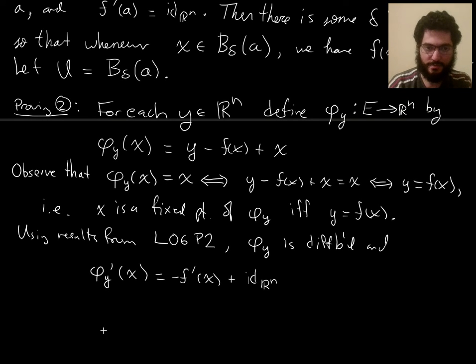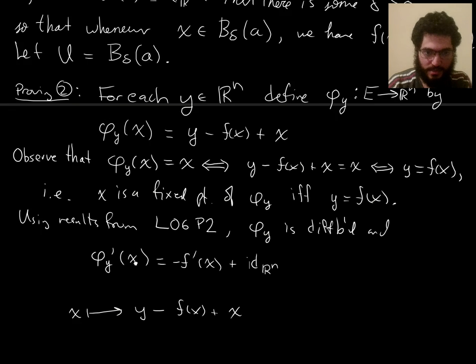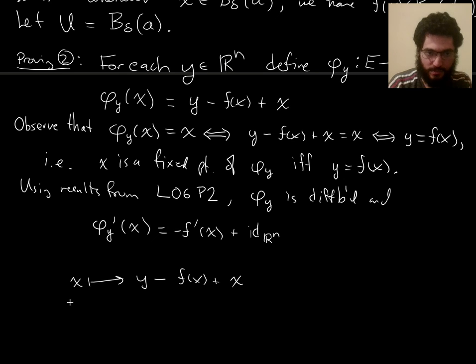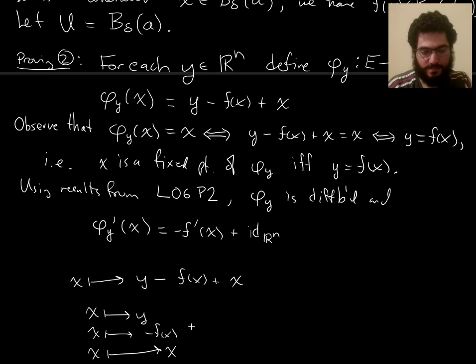So to be a little bit more explicit, this is phi sub y, and I'm viewing it as the pointwise sum of these three mappings. One of them is x goes to y, one is x goes to minus f of x, and one is x goes to x. I didn't mention in lecture 6, part 2, how the minus sign gets handled, but maybe I'll leave that as something you can work out yourself, that the minus sign pulls out of the derivative.